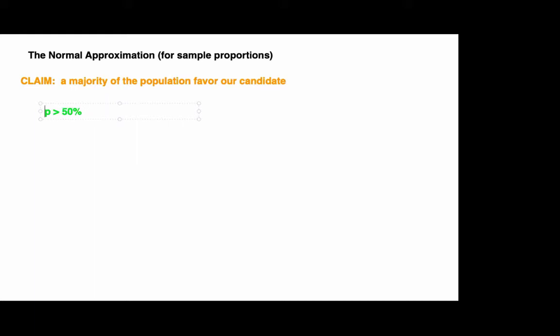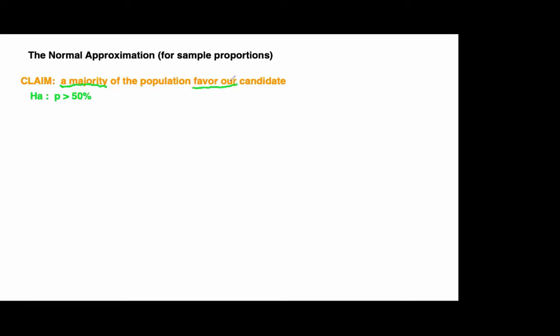If it's greater than, and in this case strictly greater, is this the null hypothesis or the alternative hypothesis? Alternative, exactly right. So our alternative hypothesis is that the population proportion in favor of our candidate would be greater than 50%. Again, that's just recapitulating this idea here, that a majority of the population favor our candidate.